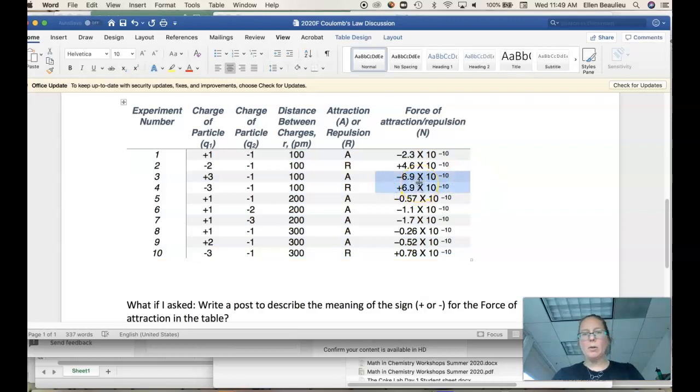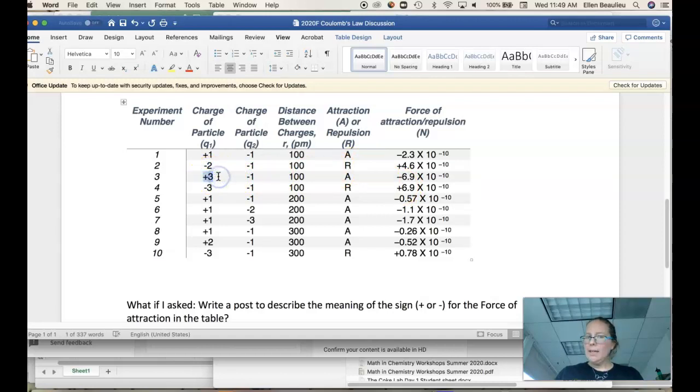I'm looking at these 2 right here. Experiment number 3 has a negative 6.9. This experiment has a positive 6.9. They only differ by the sign. They have the same magnitude. Well, I'm going to go look at the other data in the table and see how they differ. Why might this one have a negative sign and this one have a positive sign? I'm going to go back through. I look at charges.